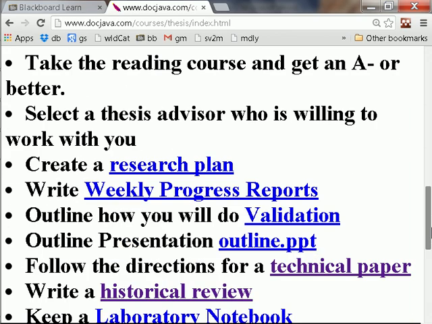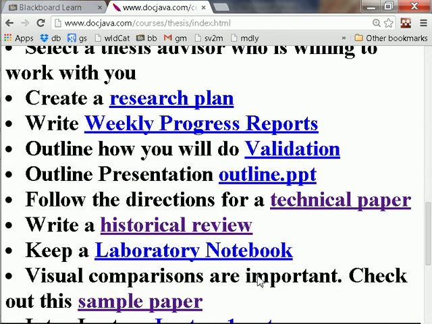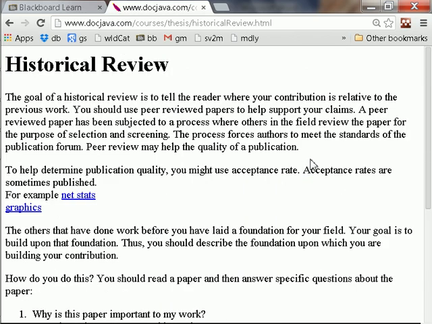We look at the historical review, where we are trying to describe things related to what we're working on. This is what I would call the subject area.